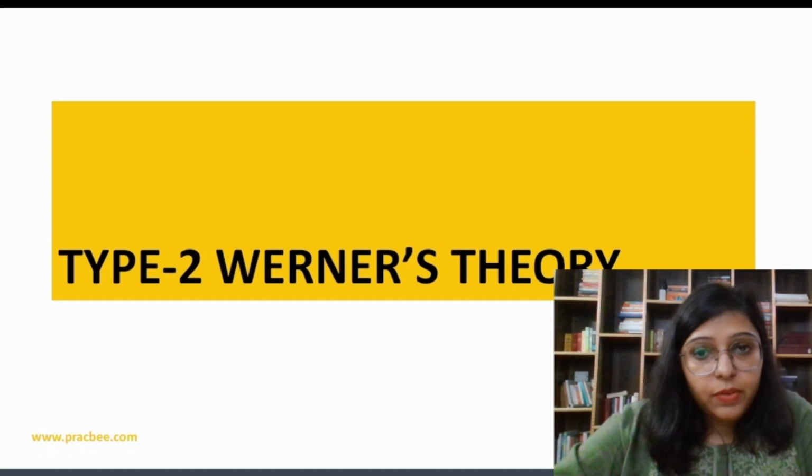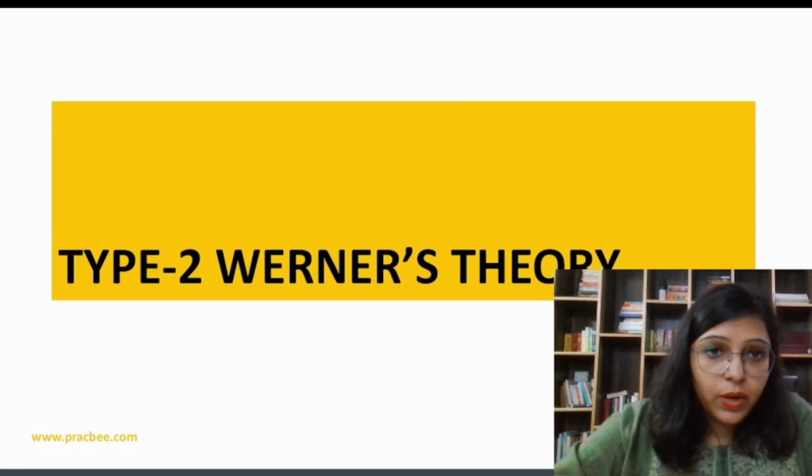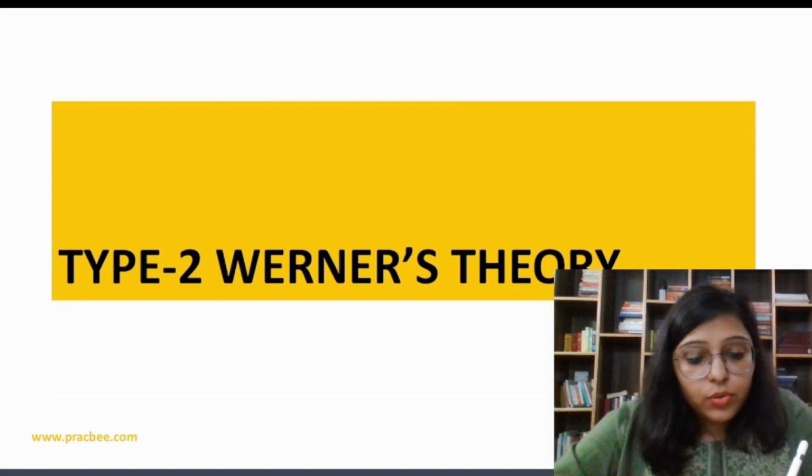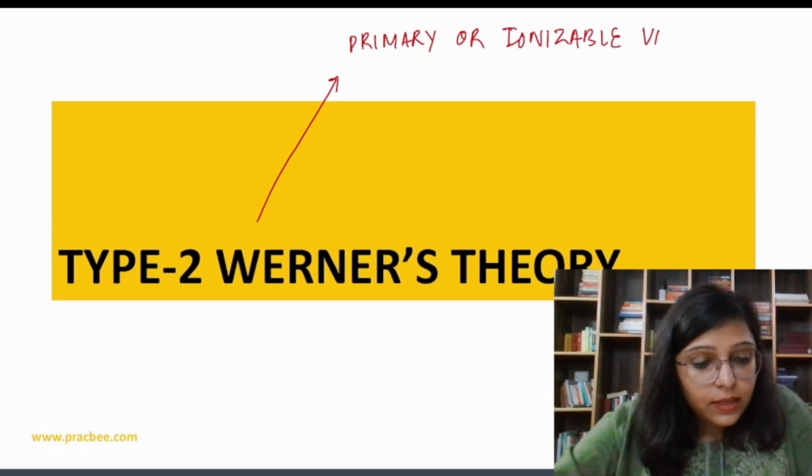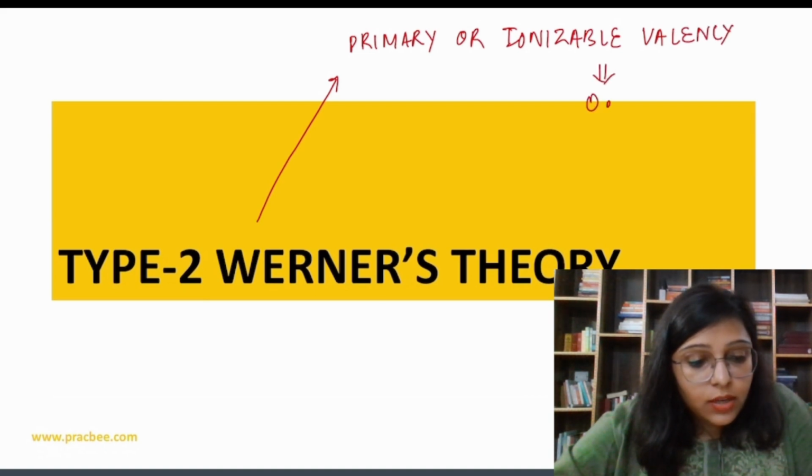So in this topic, we are going to discuss questions related to Werner's theory. In Werner's theory, we have two types of valency: primary or ionizable valency, which actually tells the oxidation state of the metal, and it is satisfied by negative ions.